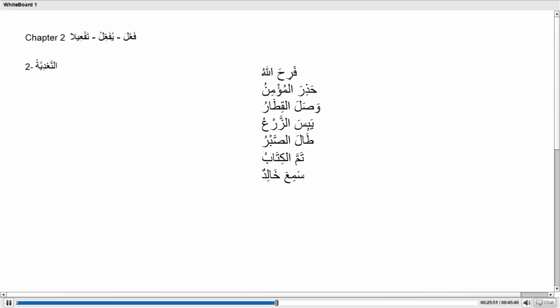No, we don't say it's a principle to chapter 2, but we say chapter 2 is a principle to it. Chapter 2 is a principle to every verb which is muda'af and lazim. Very good. تم يتم. طيب سمع. What about سمع?